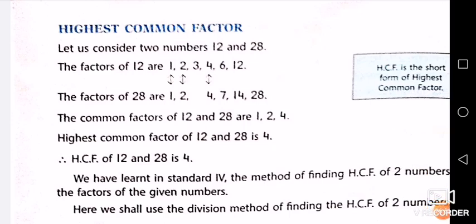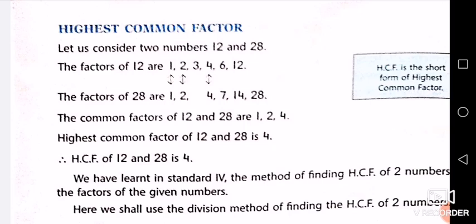Now you can see factors of 12 and factors of 28. Now first we will find the common factors of 12 and 28. As you can see above, the common factors of 12 and 28 are 1, 2, 4.